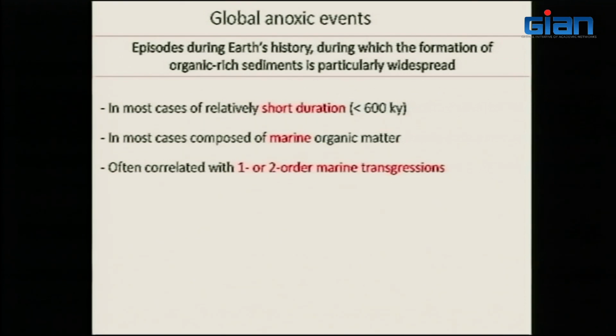Why? There are probably two reasons. First of all, when you have a transgression, the sea level coming onto the shelf, the shelf will be remobilized, and a lot of nutrients will be remobilized, sustaining high productivity.